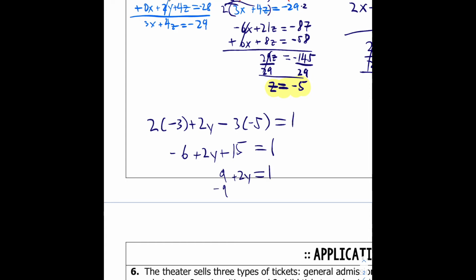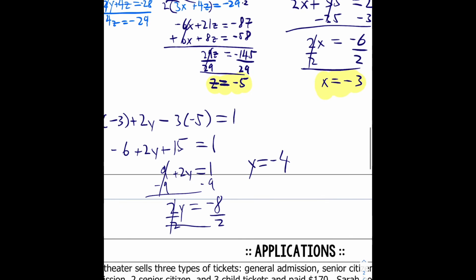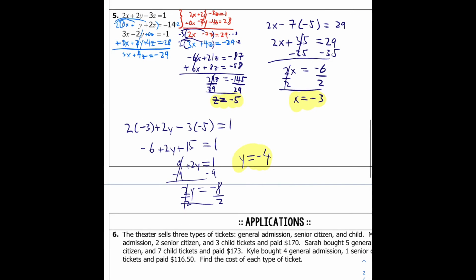Subtract 9 from both sides. I get 2y equals negative 8. Divide by 2, divide by 2. I get y equals negative 4. Let me write that y a little better. y equals negative 4. Okay, so those are my three variables that I've solved for. Now I'm done. Okay, good job.